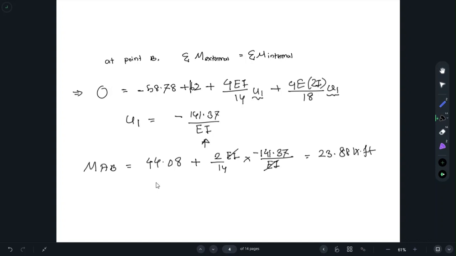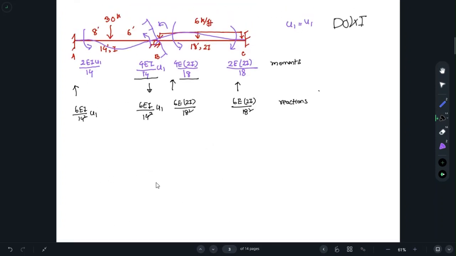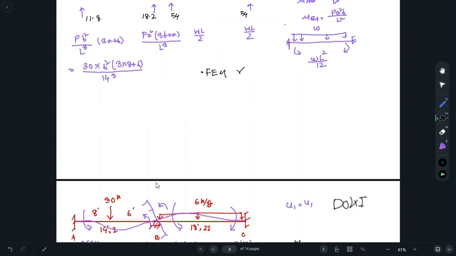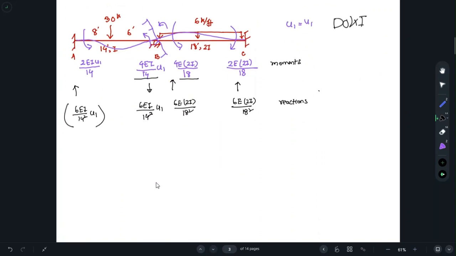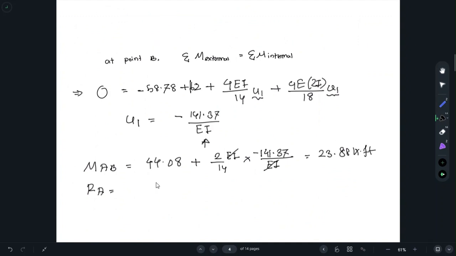Let's say we want to find the reaction of point A. How will we do that? We'll superimpose the reactions. So one reaction is this, and the other reaction is this, 11.8. The direction is upward in both cases, so we'll just add the reactions.